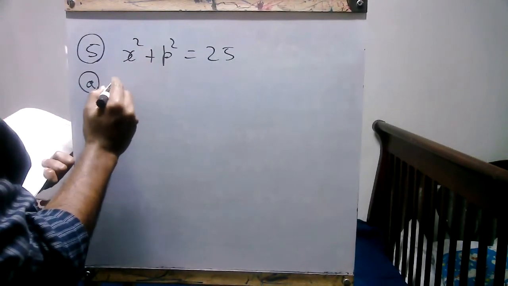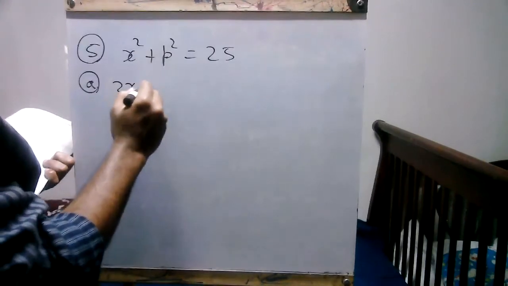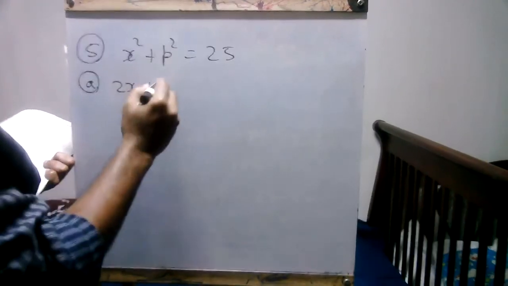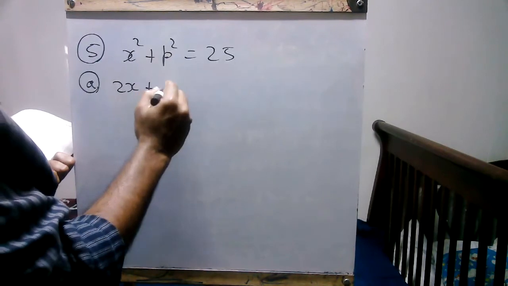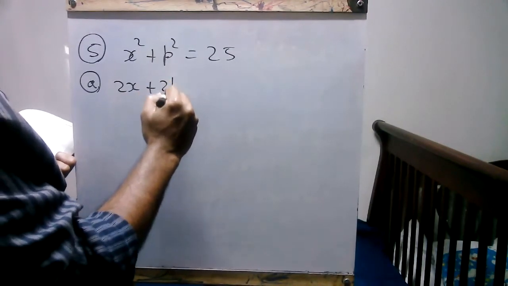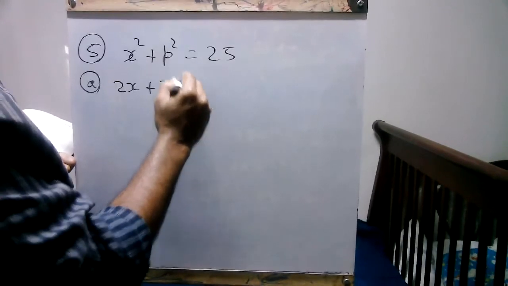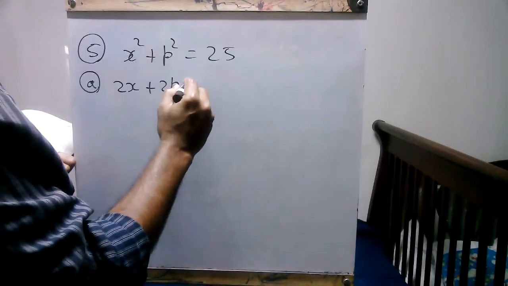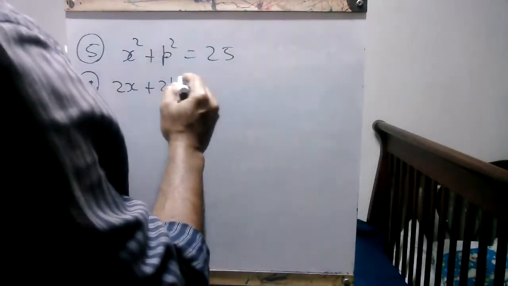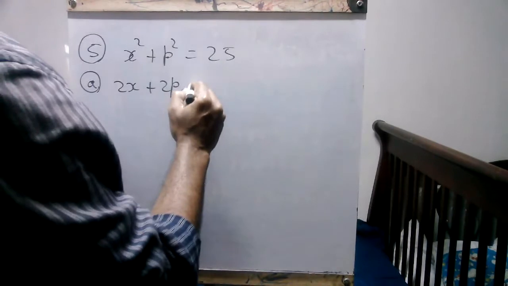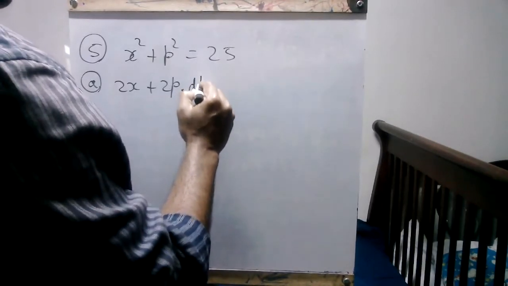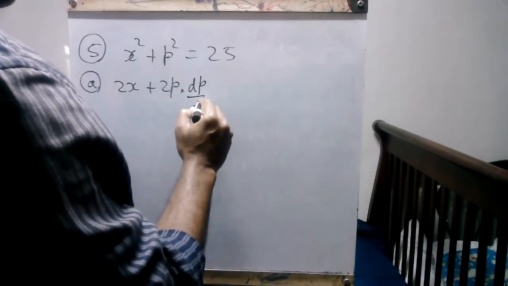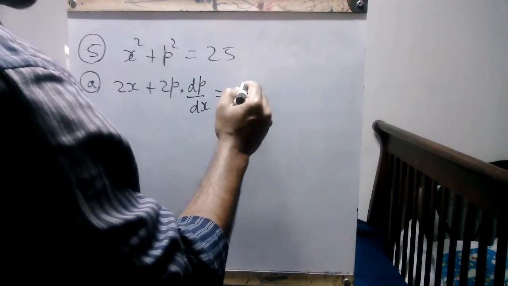We get 2x plus, first differentiating with respect to p, we get 2p times dp/dx, which means p prime. Let's write dp/dx, equal to 0.